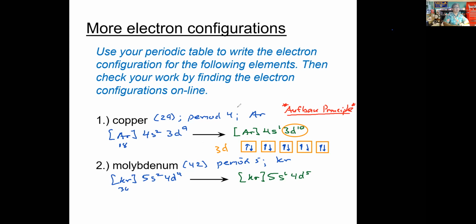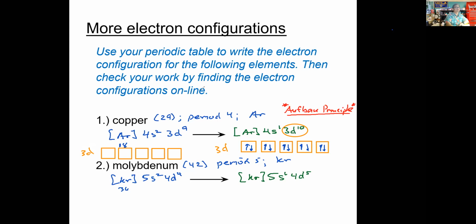If you take a look at what we have here, if we follow the Aufbau principle, let's go ahead and draw out these here. So we have the 1, 2, 3, 4, 5. Let's take a look at what happens in this case. So these are our 3d orbitals.